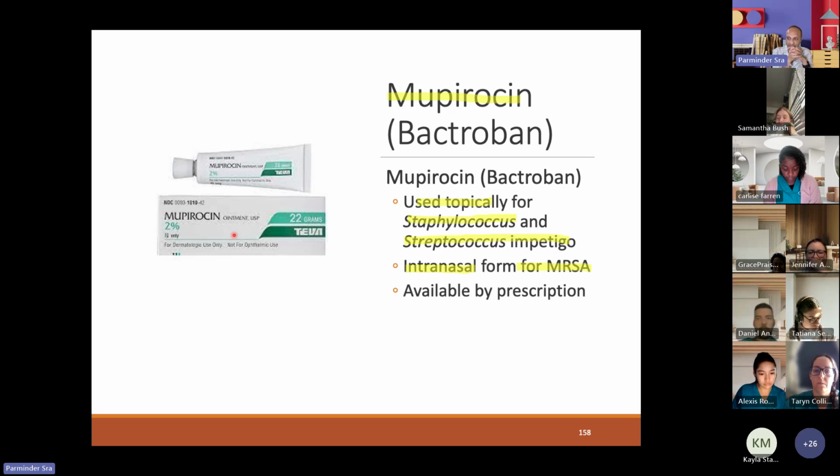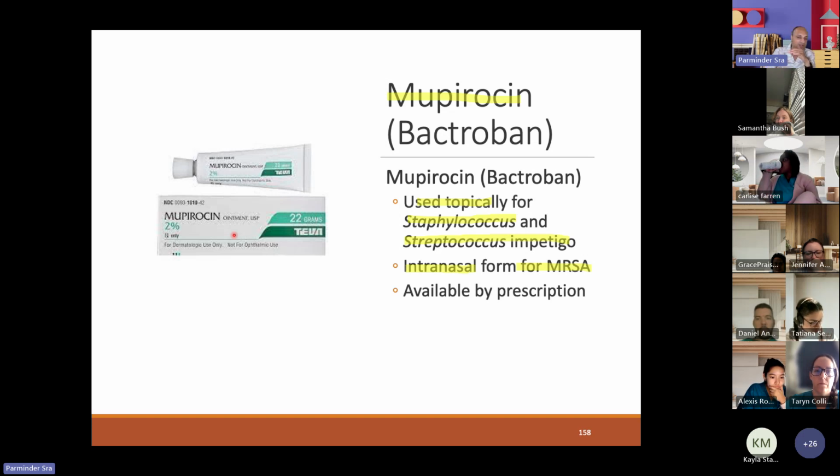Staph and strep impetigo, which is your skin infection, and the intranasal form of mupirocin, Bactroban, is used to treat nasal colonization of MRSA. Okay, everybody got that? Those are the only things you need to know about this drug.